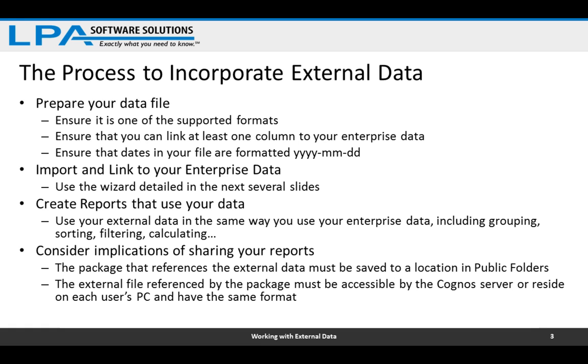You run the wizard, it creates a new package that includes a pointer to the first package you started with, let's call that the enterprise package, the centrally managed data, plus a pointer to your file. And it shows you essentially the whole original package plus a namespace with a query subject in it that represents your file.